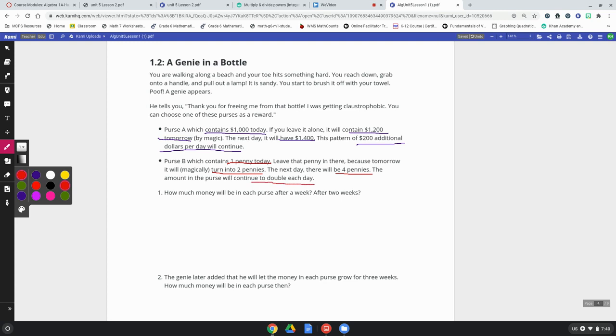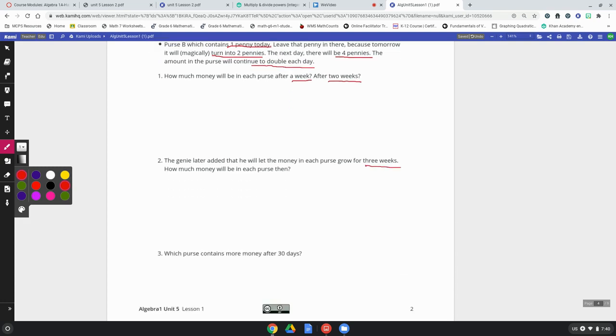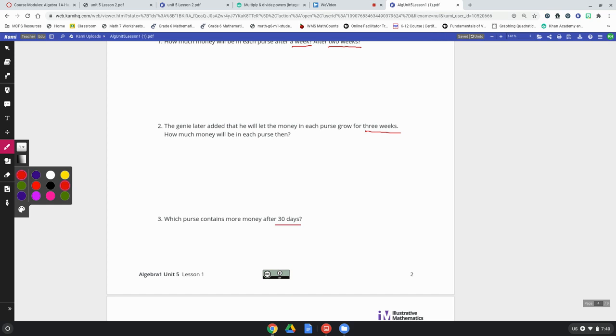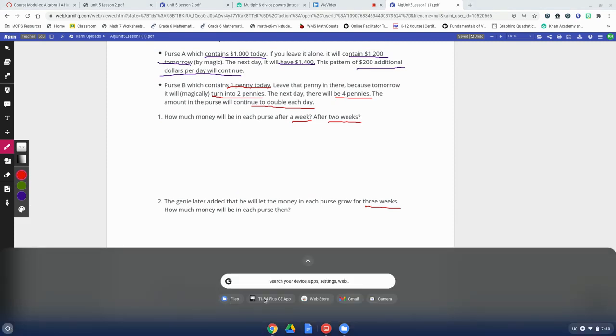How much will be in each purse after 1 week, after 2 weeks? And number 2 says after 3 weeks, then after 30 days. Once again, you might want to pause and try to answer those questions. Come back when you're ready.